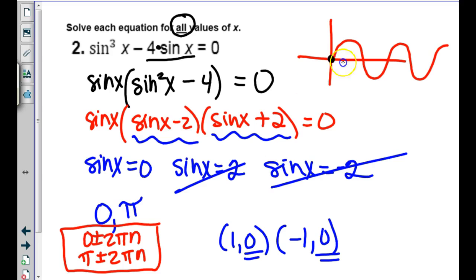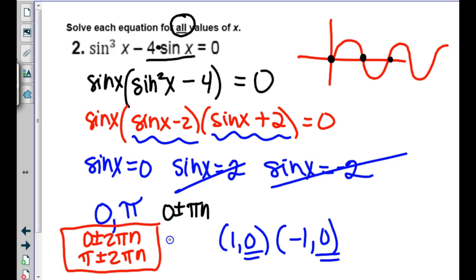If here's the first solution, how far till you get to the next solution? Pi. The next solution after that is, okay, but how much further? So you really could say 0 plus or minus pi would hit all the solutions.